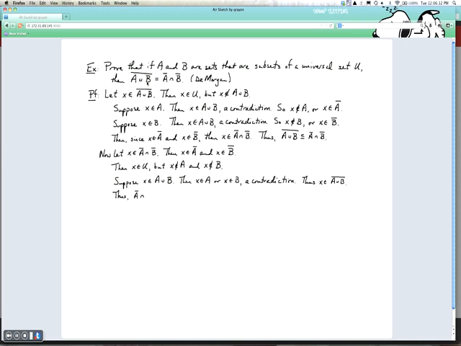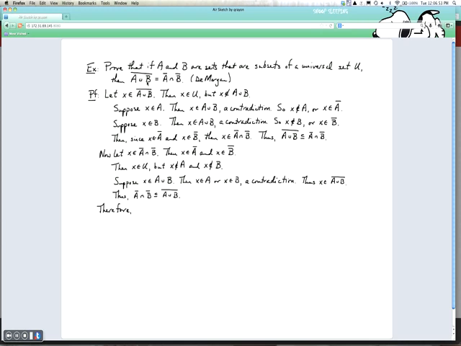Thus, we're almost there. We just need to wrap it up. Thus, we know that A complement intersect B complement is a subset of A union B quantity complement. Now, that gets us the set inclusion back the other way.